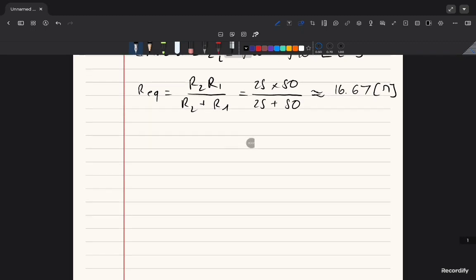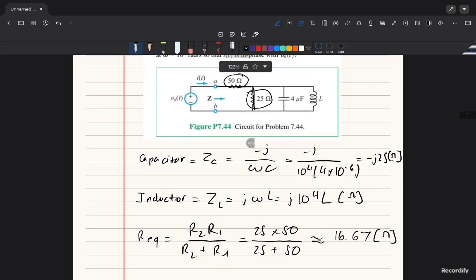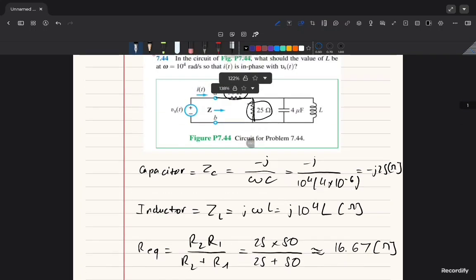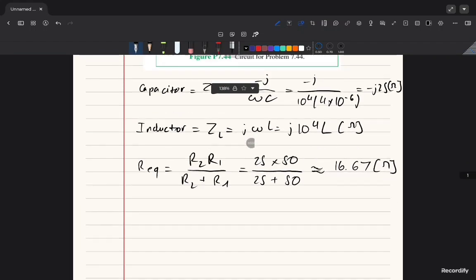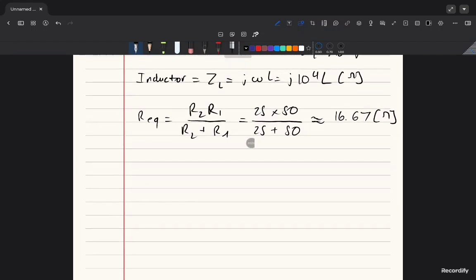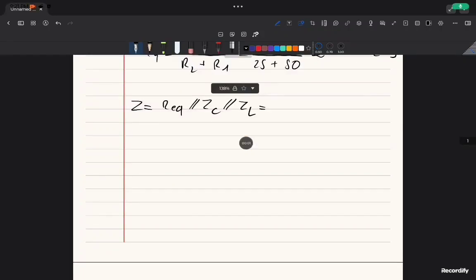Now, let us define the total impedance for the circuit so that we can separate the real part from the imaginary part. Since every single component is in parallel, including the inductor, capacitor, and resistance, the total impedance is Req in parallel with the capacitor ZC, which is also in parallel with ZL.